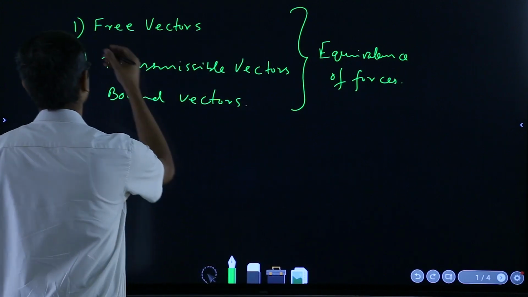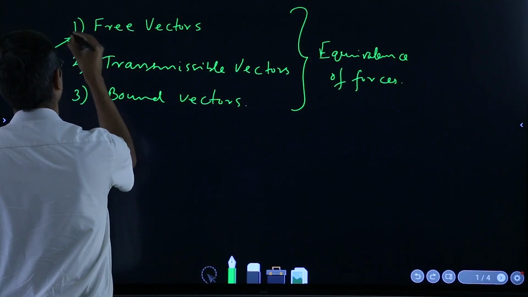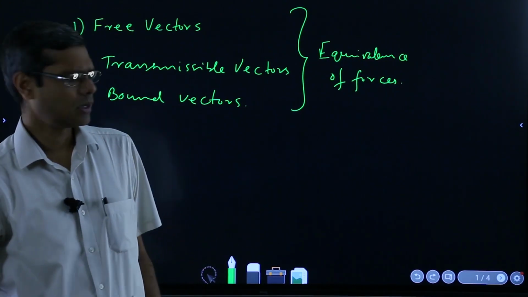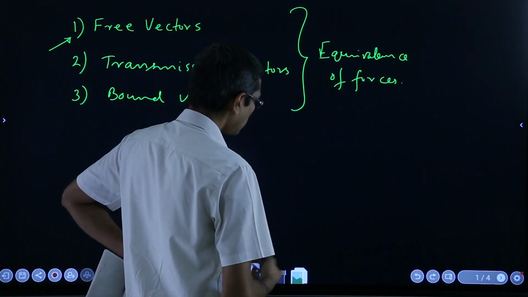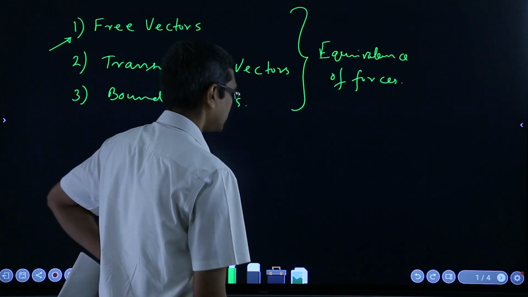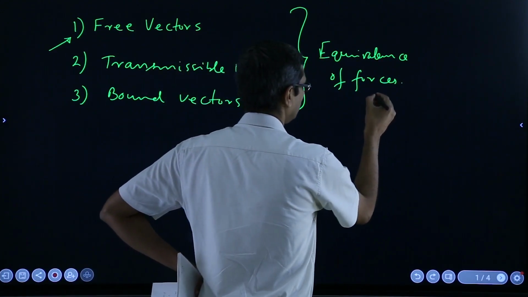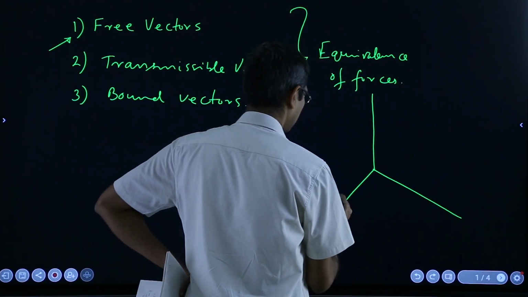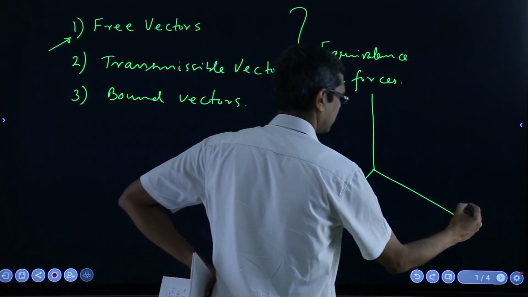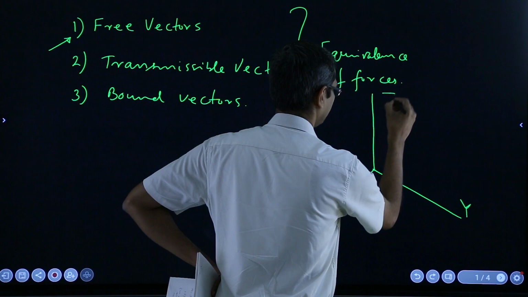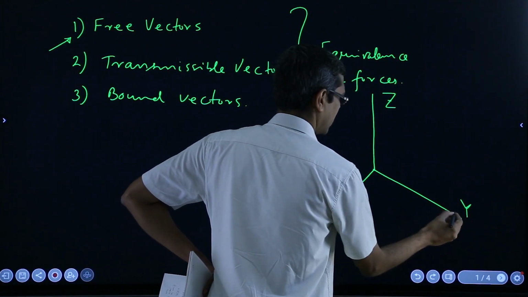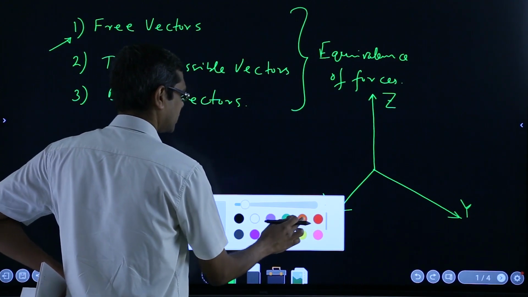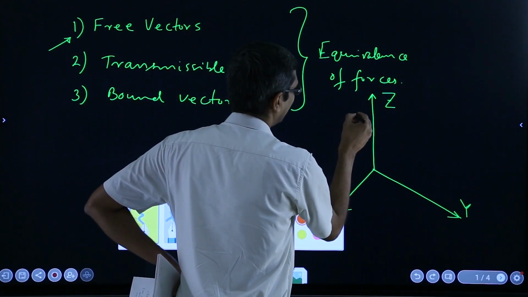A free vector, as the name suggests, means suppose you have an axis that defines the space. Now, you are free to draw the vector anywhere.